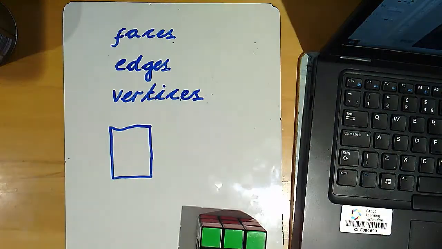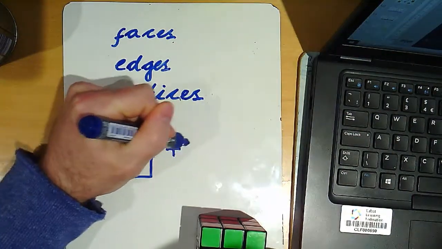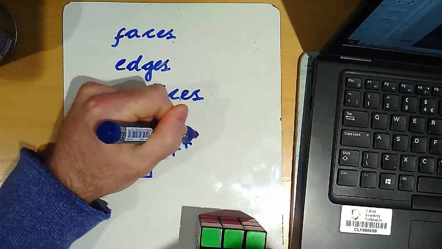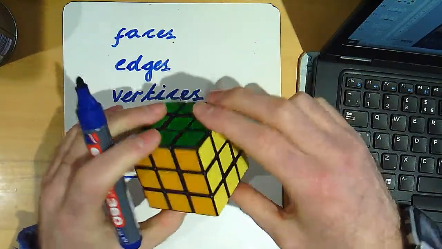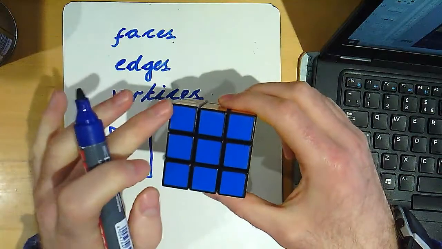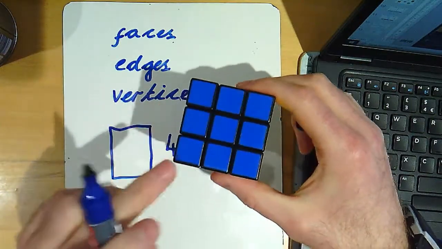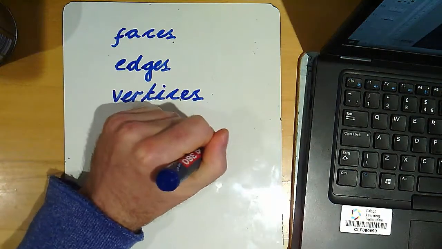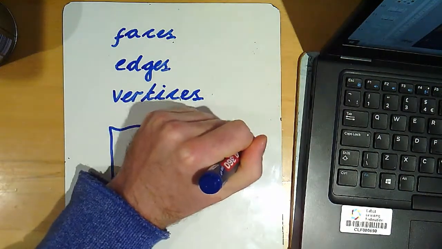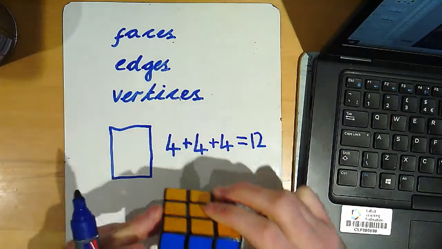So at the moment I've got 4 edges on the top, and another 4 down here. And then finally, if I turn my cube all the way around, I can see that I've got another 4 edges here, here, here, and here. So in total, my cube has 12 edges.